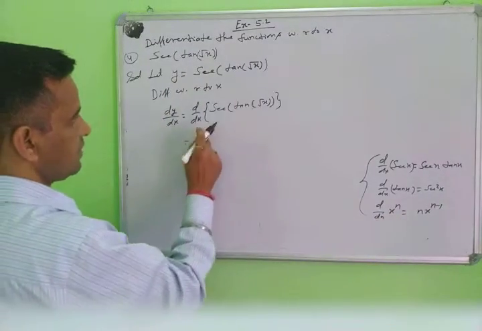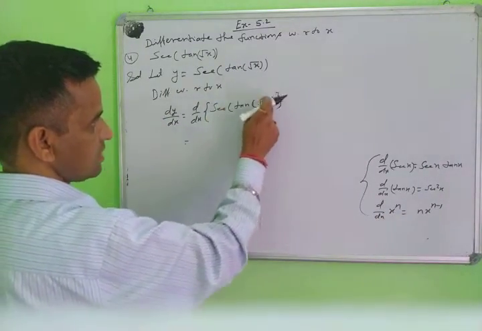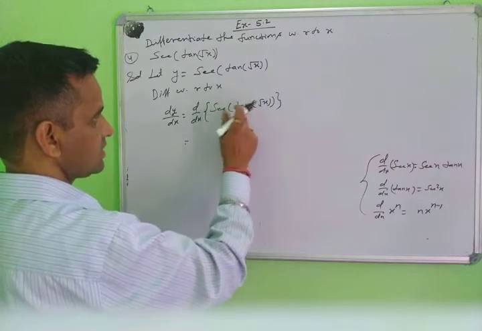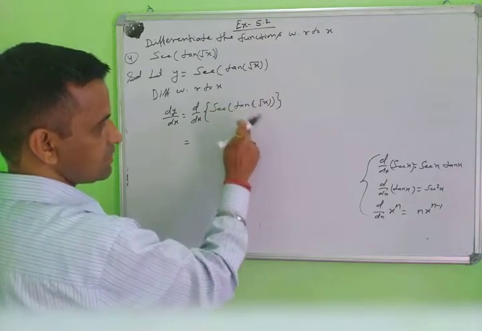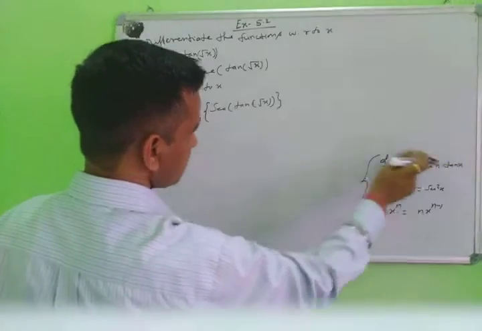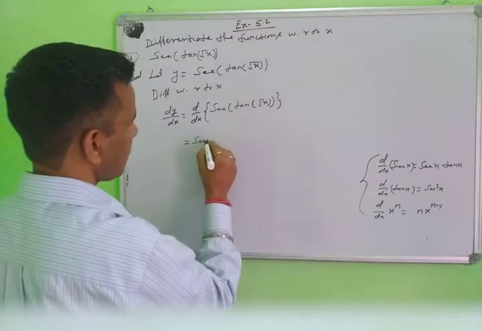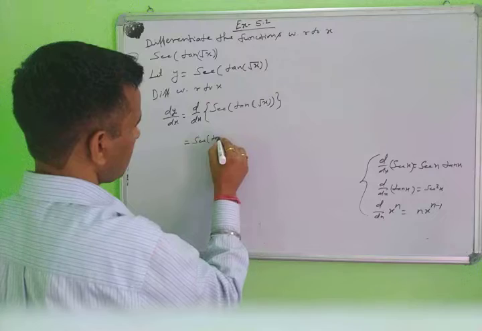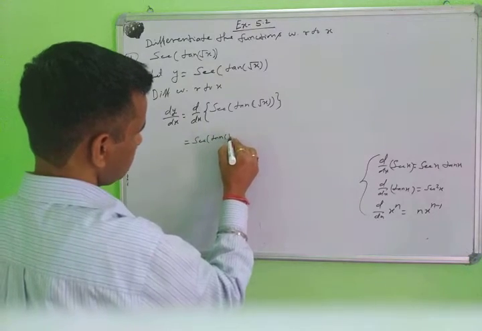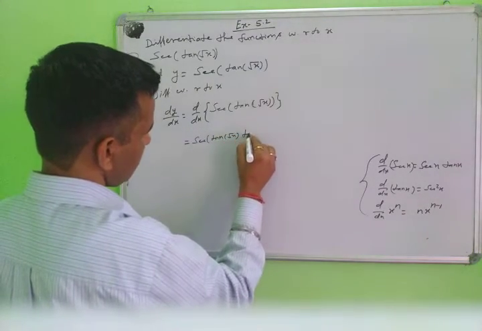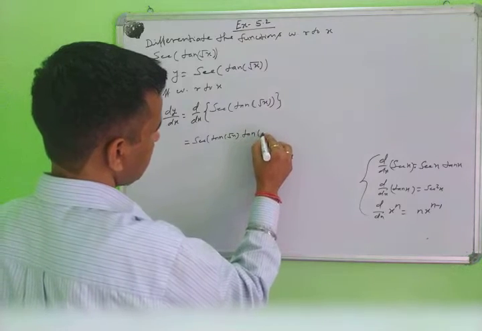First sec, you make this theta. Sec x means sec theta. That means differentiate of sec theta is sec theta tan theta.